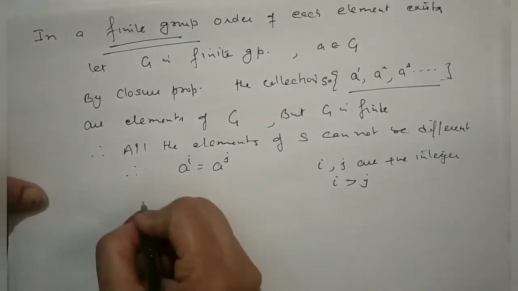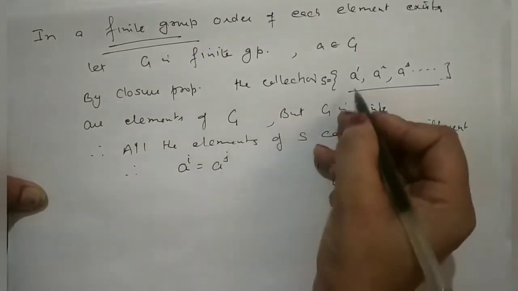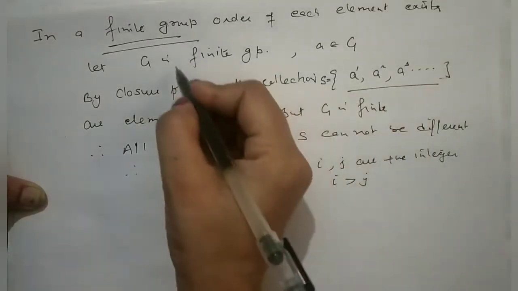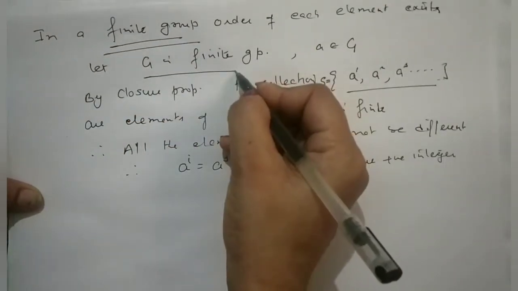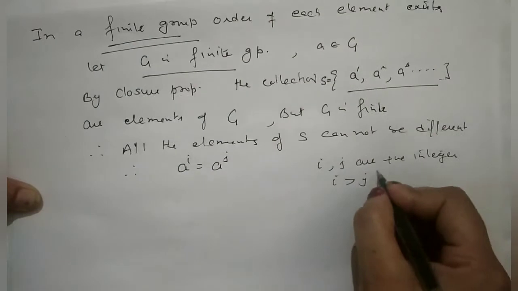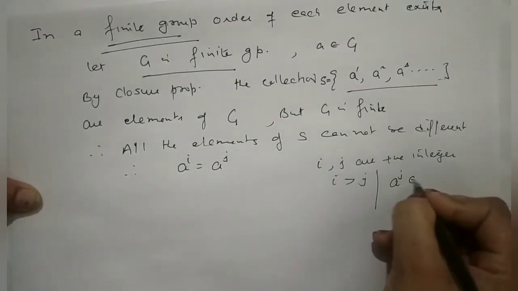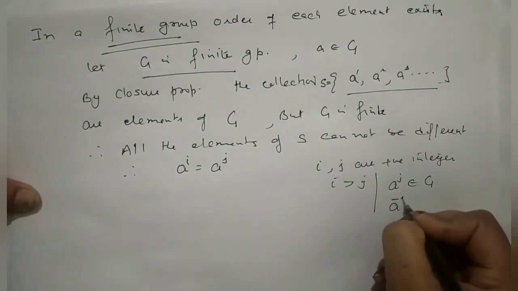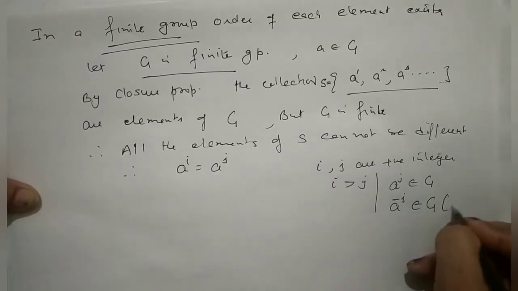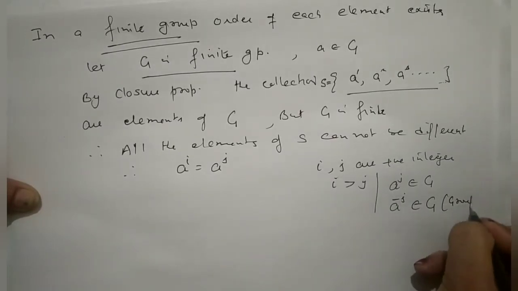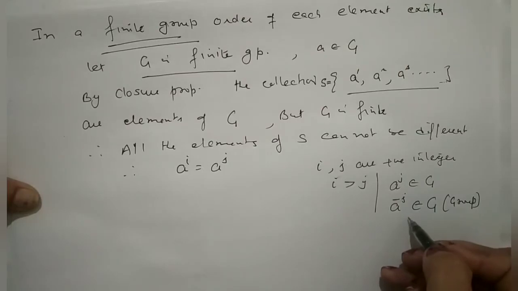Now, because all the powers are from G and G is a group, and the inverse of every element also exists in G, so a raised to power j is an element of G, then a raised to power minus j is also an element of G. In a group, the inverse of every element exists.